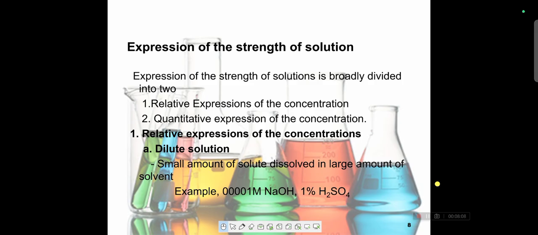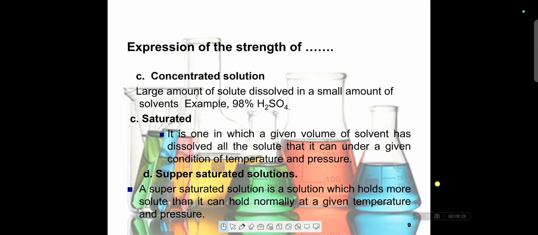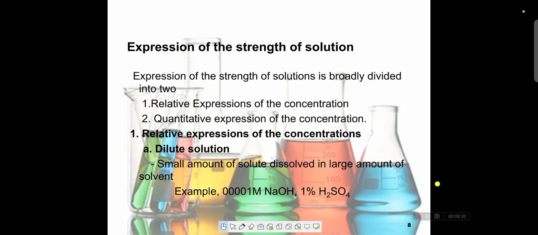For example, 0.0001 M NaOH, sodium hydroxide, or we have to prepare 1% H2SO4. Whenever we mix a small amount of solute into a large amount of solvent, this type of solution is called a dilute solution.